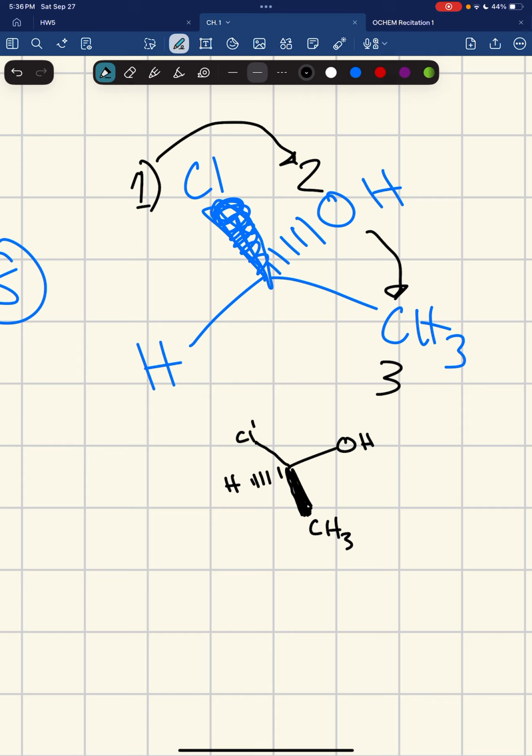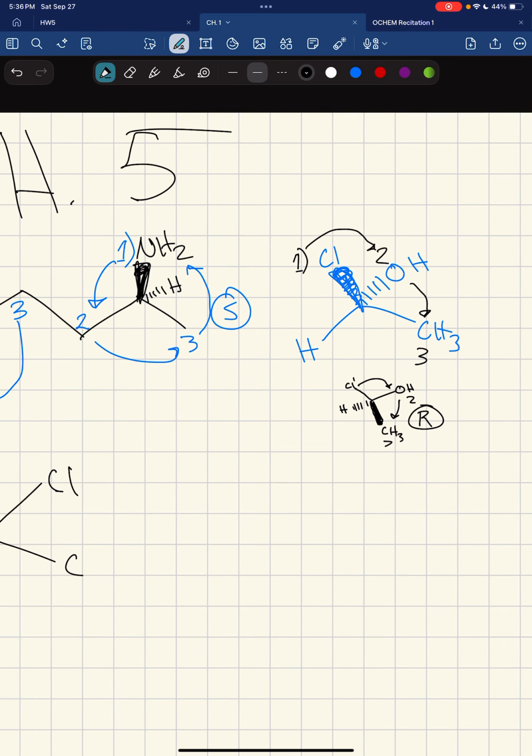Then you can do the same thing, 1, 2, 3, and see that it is R. So always make sure that the hydrogen's facing back.